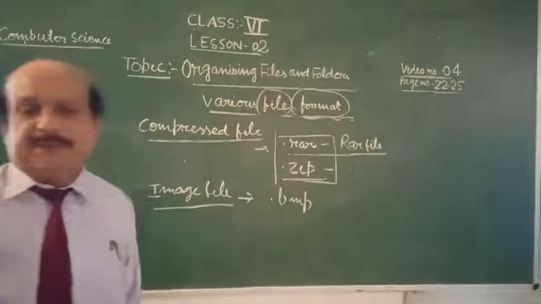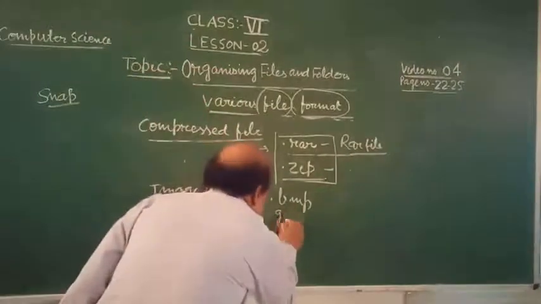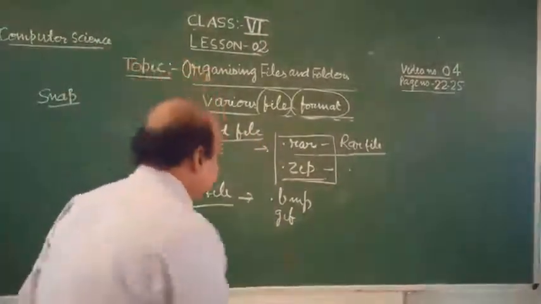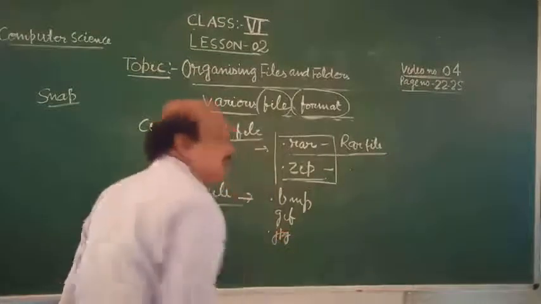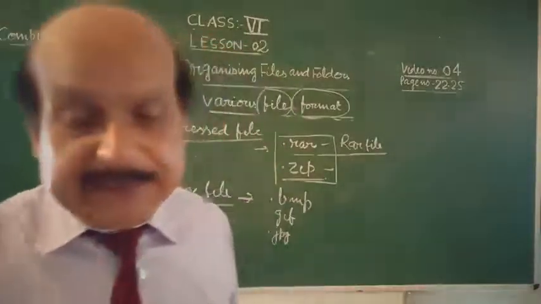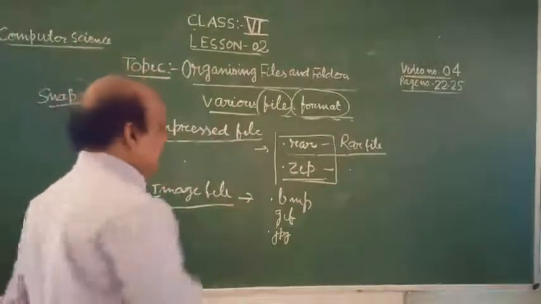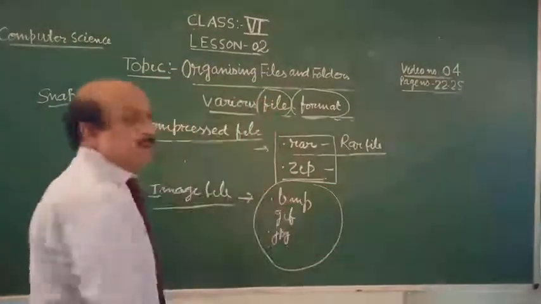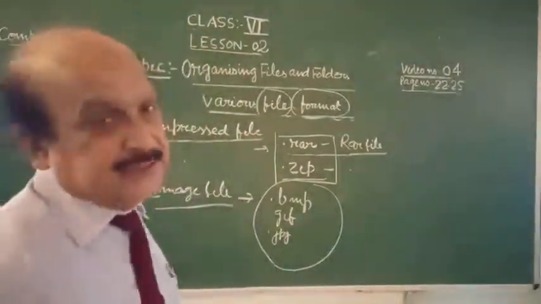.bmp, the first extension. The second extension you can see is GIF. Next there is also .jpg. If you see the extension, you can say this type of file is the image file. One more extension you can take here, that is .png.